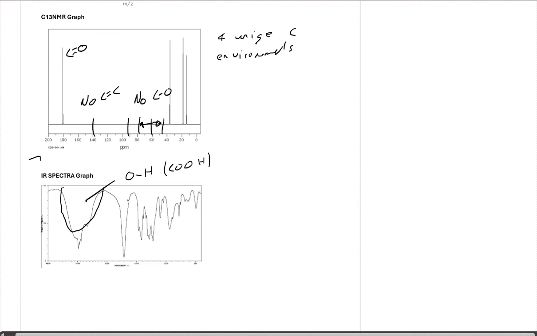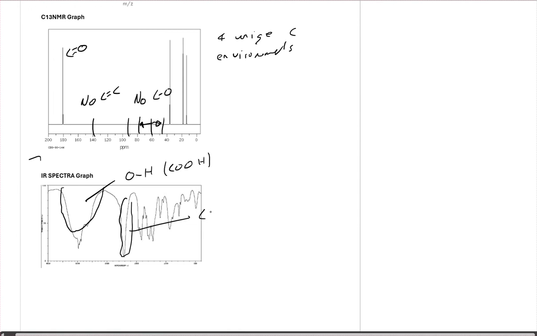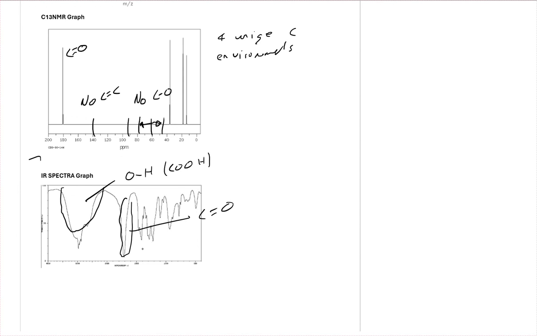Our OH from an alcohol is about 1/3 of the width of that one. This one here is evidence of a C-O bond. Remember, anything below 1500 is just fingerprint, so we can't use it to identify. So we have these two things.